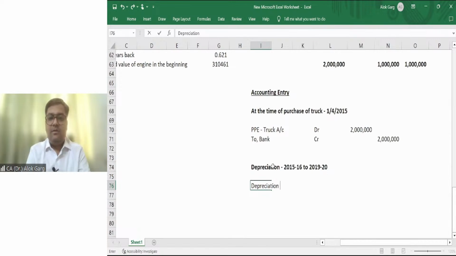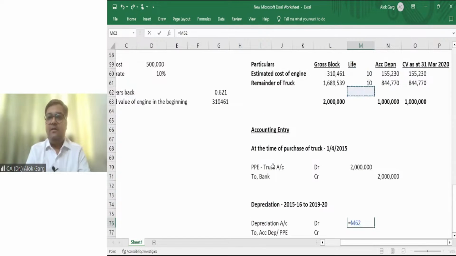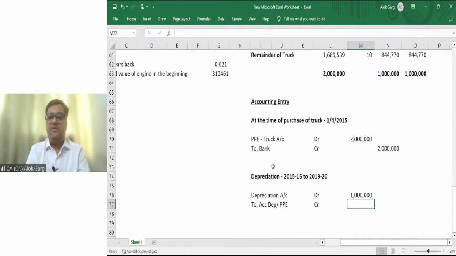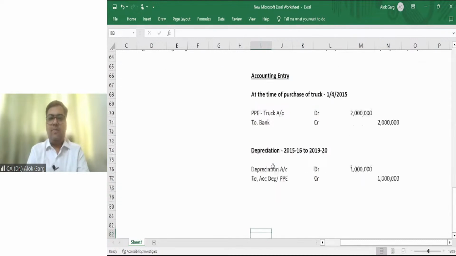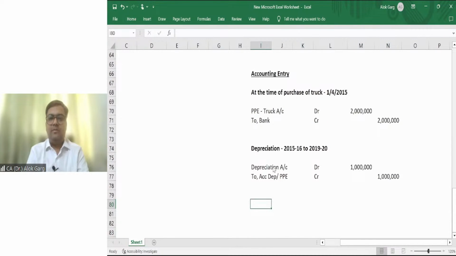Depreciation account debit, to accumulated depreciation or PPE account. How much depreciation has been charged so far? 10 lakh rupees depreciation has been charged so far. Right?